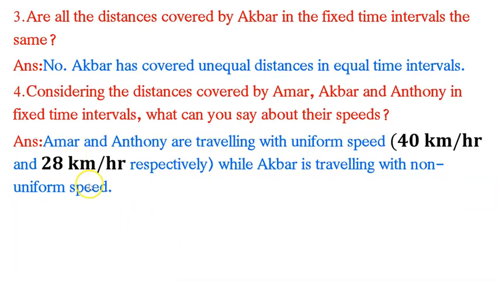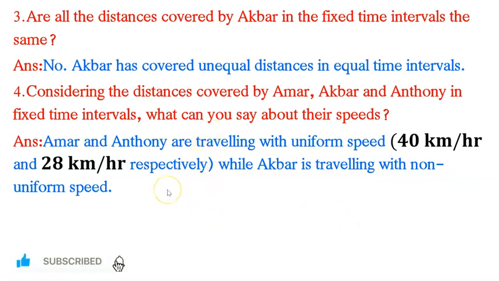Now in every half hour, Amar covers a distance of 20 kilometer. Therefore, in 1 hour, he will cover a distance of 40 kilometer. And therefore, the speed of Amar is 40 kilometer per hour. And what about Anthony? He covers a distance of 14 kilometer in every half hour.